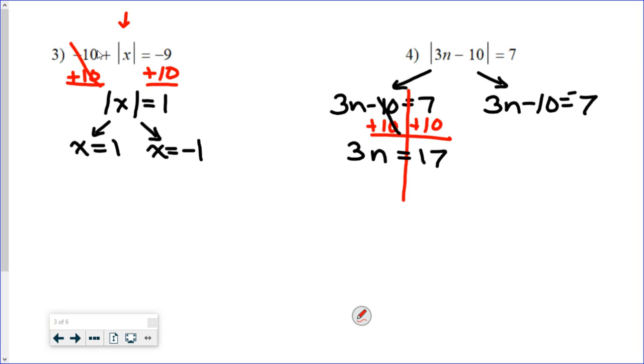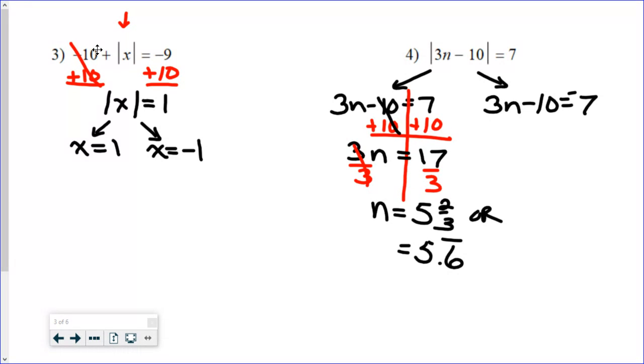And then I'm going to divide by 3. And if I put that in my calculator, it either is going to come up as 5 2/3, or it's going to come up as 5.6 repeating. And decimals are okay for a lot of these.